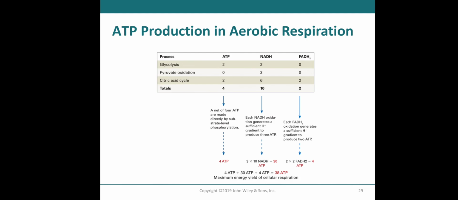If you look at a different textbook, some of them count that NADH produces 2.5 and FADH2 is just 1.5 or even 1. So it depends on the textbook, but the general calculation is around 36 to 38 ATP. So why is it different?